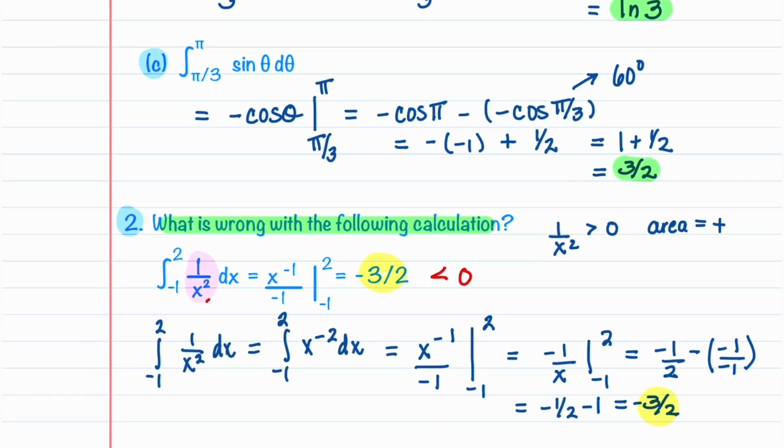Notice down here with our function that it is undefined when x is equal to 0. And 0 is in the interval from -1 to 2. So we can't use the fundamental theorem of calculus to evaluate this integral. And that's why our answer is wrong.